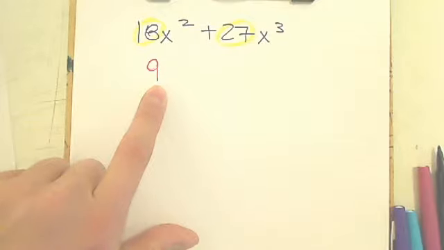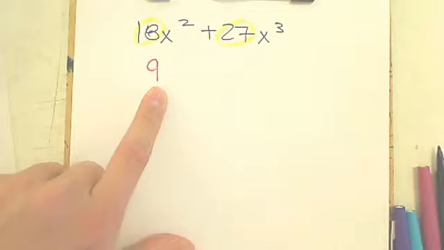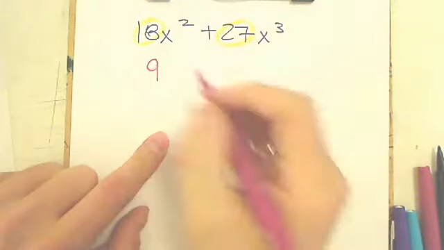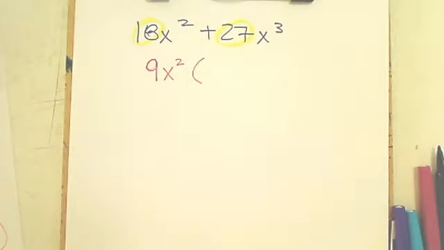X squared and x cubed: if you only take out an x, you haven't taken out enough. Take out as much as you can. You want to take everything out. Take out an x squared. I'm going to stop right there. Questions on how I took out 9x squared?